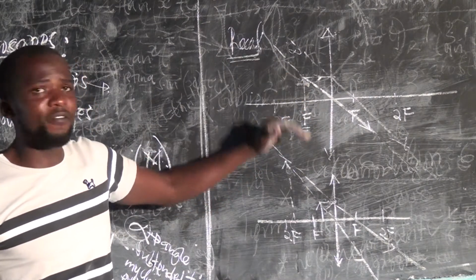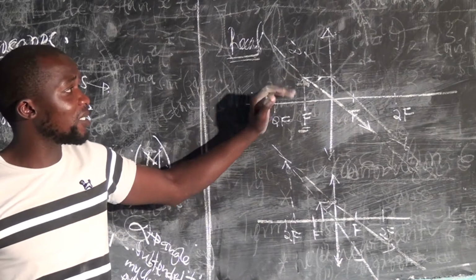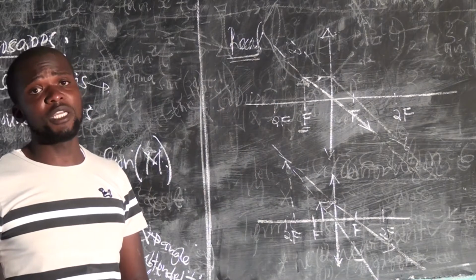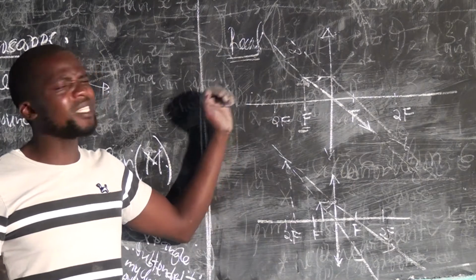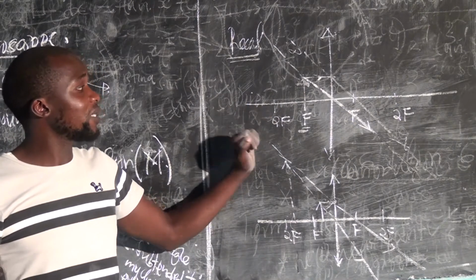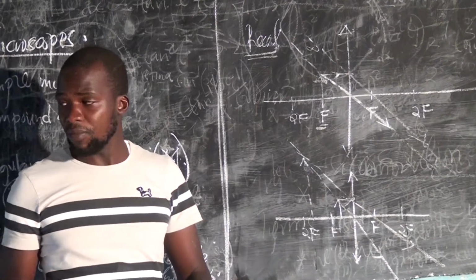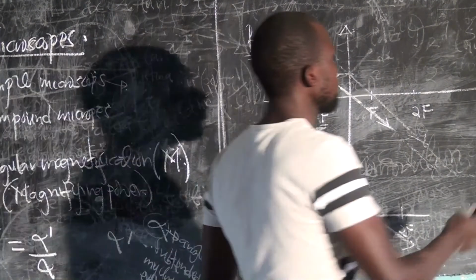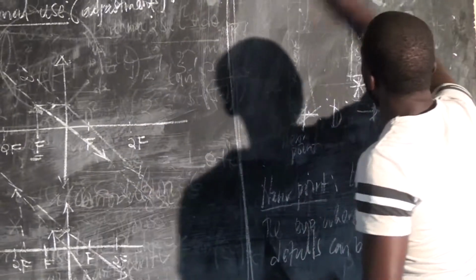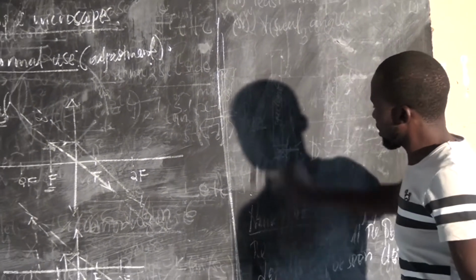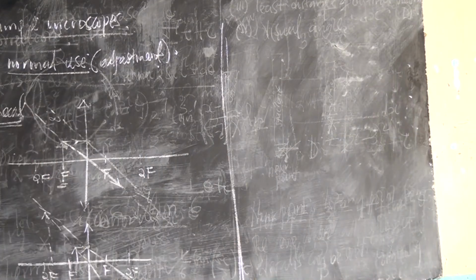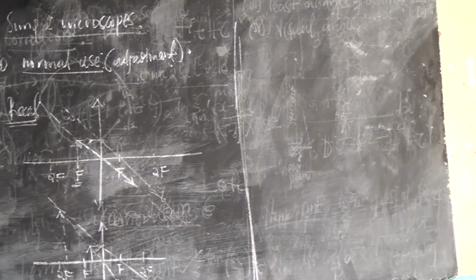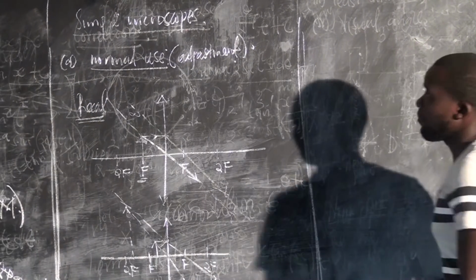The moment you have these two ideas, then you are going to be able to draw the ray diagrams that you are going to be using in microscopes and telescopes. This is the basis I'll be showing you. So I want us to have a simple microscope in normal adjustment. I say that when it is in normal adjustment, we are forming the final image at near point.